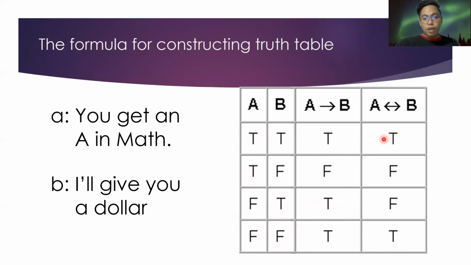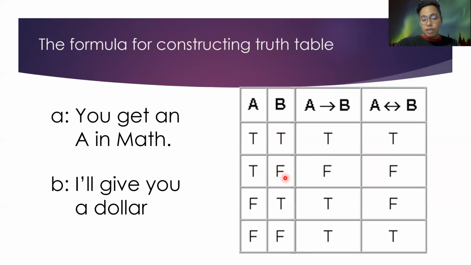But for biconditional, it's not possible. No. Kasi for biconditional, you have to test it on both sides. If A is true and B is true, therefore on the other side, if you fulfill B and if B will be the condition, then A should happen. So if you do that on the second example, if the condition A is met, then you'll do the second.